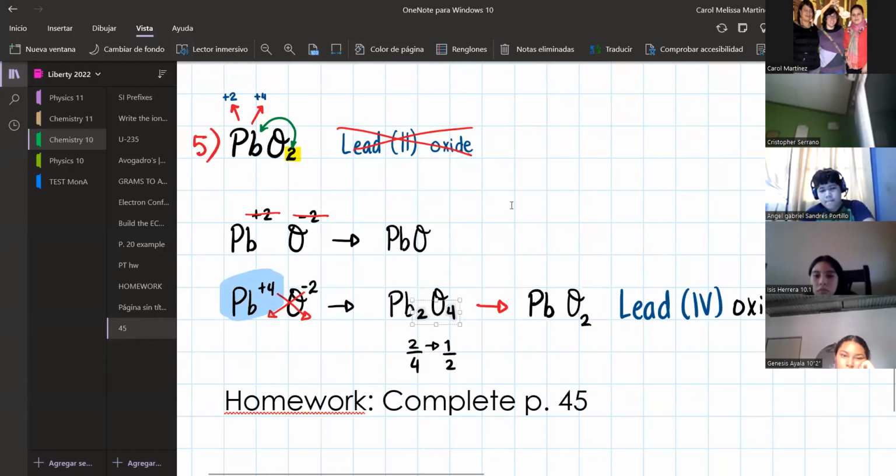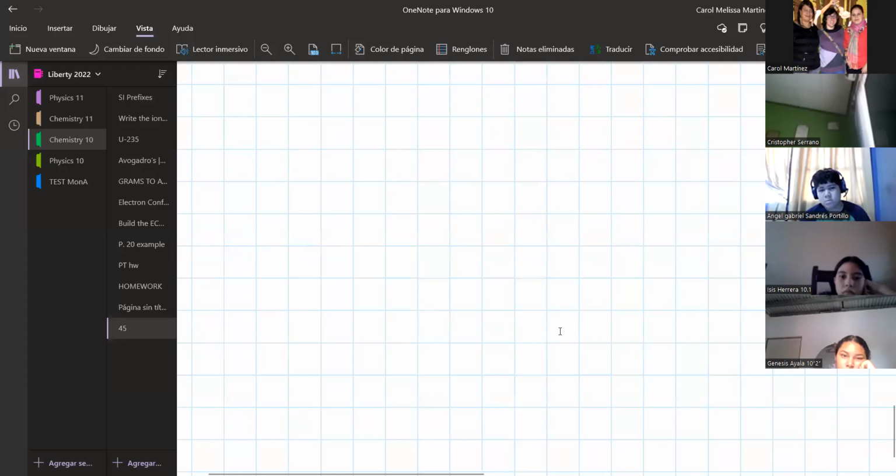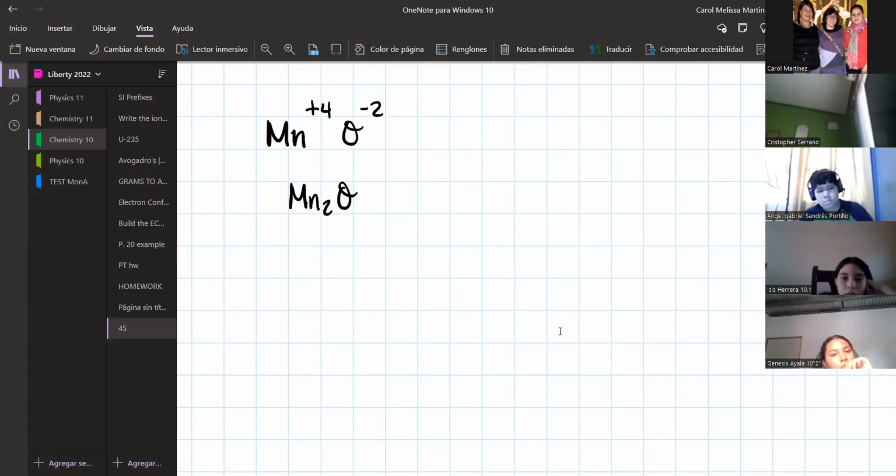So for example, if you have manganese 4 and oxygen 2, you will form the compound Mn2O4. In this case, 2 and 4 are both divisible by 2.